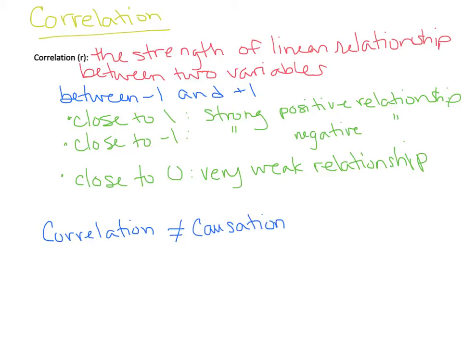So for example, we did a previous example about sprinting and long jump times, and there was a strong linear relationship, so we would say that there's a high correlation. However, that does not mean that running fast causes people to jump further. There is no causal relationship. Now, there is an important relationship, but it doesn't mean that one of them causes the other.